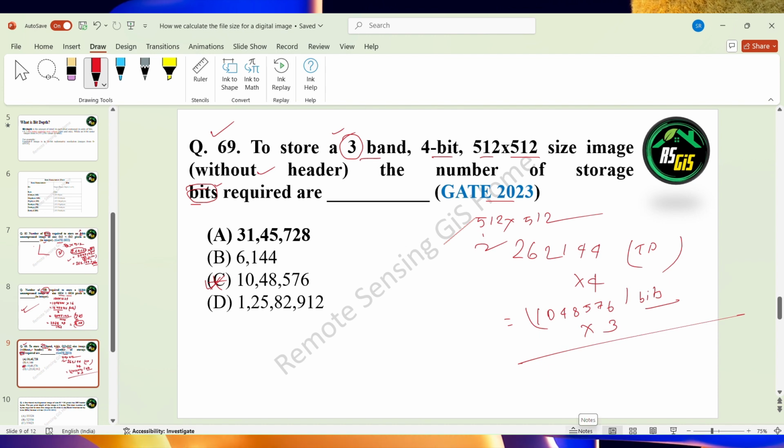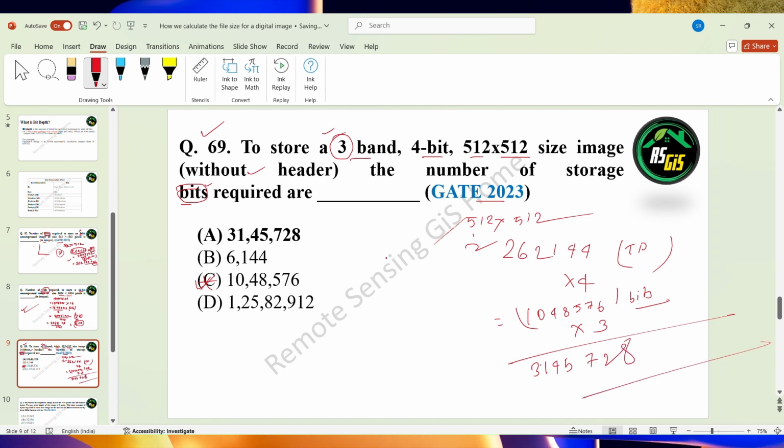If you multiply it by 3, you get the value 3145728. So the answer will be A. You have to remember how many bands and how many bits they give.